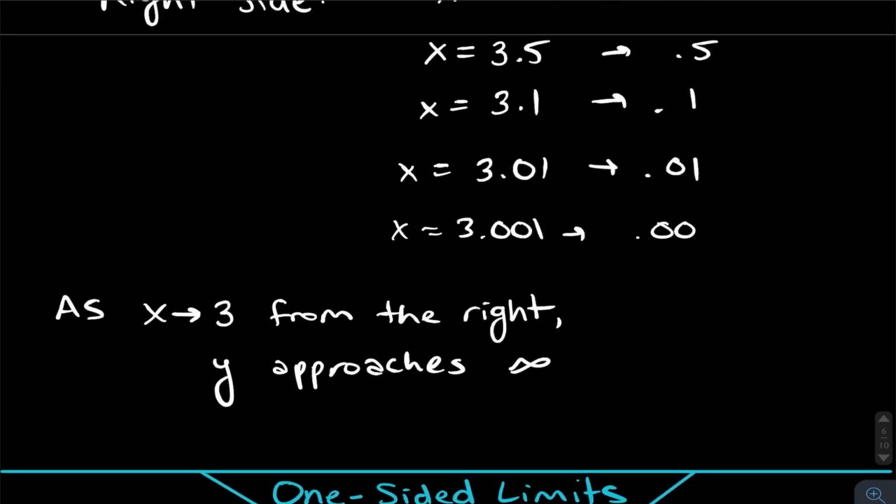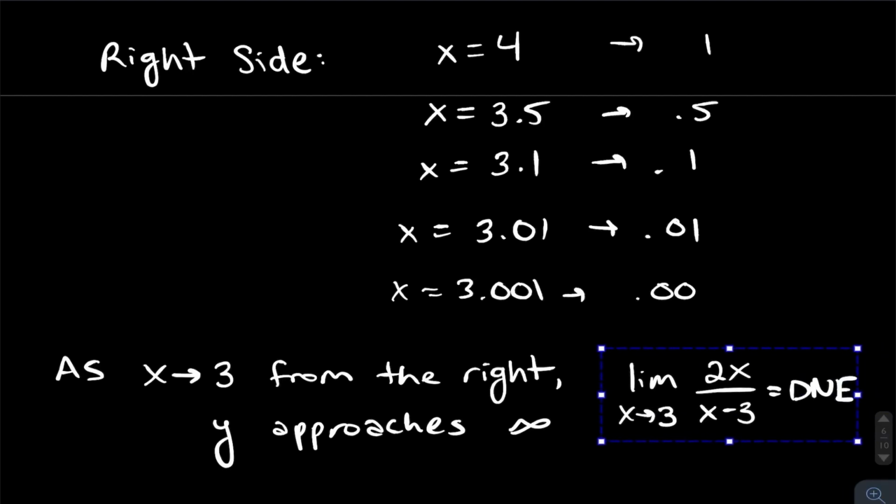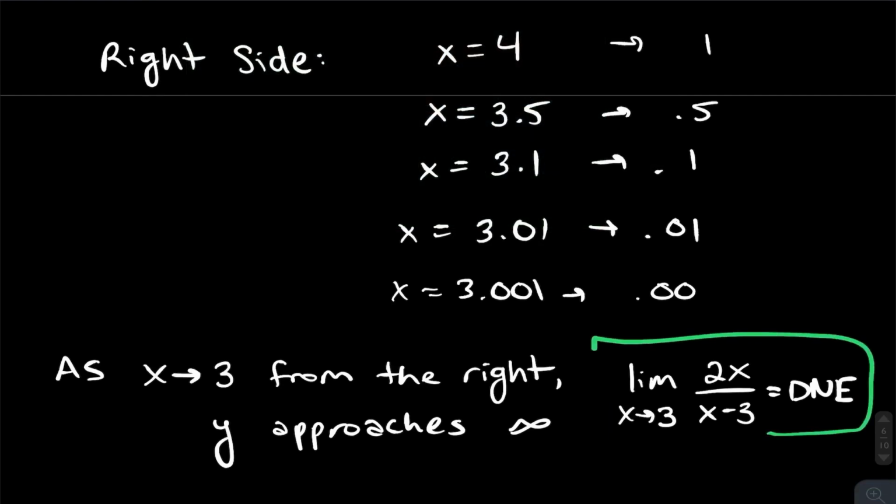Since the limits of both sides are not equal, that means that the limit as x approaches 3 of 2x over x minus 3 does not exist. So it doesn't exist, and that's too bad, but really that does give us some information.